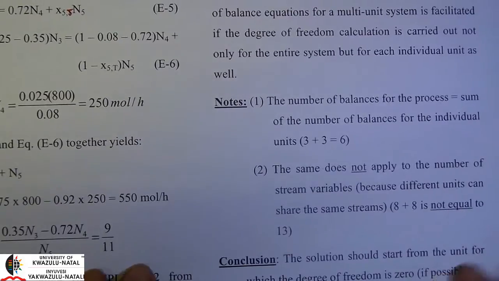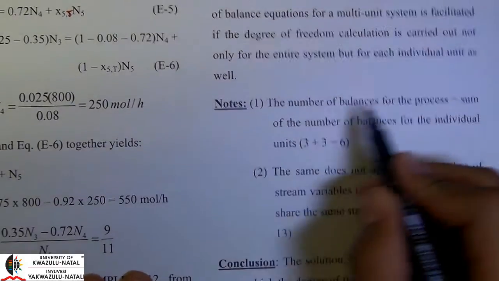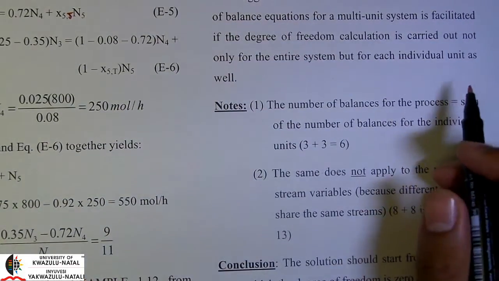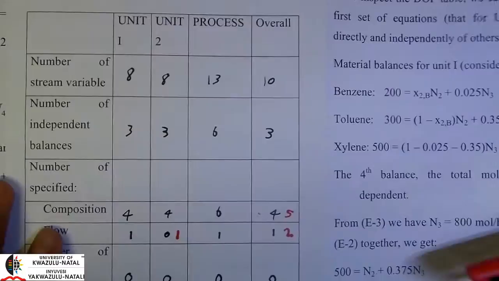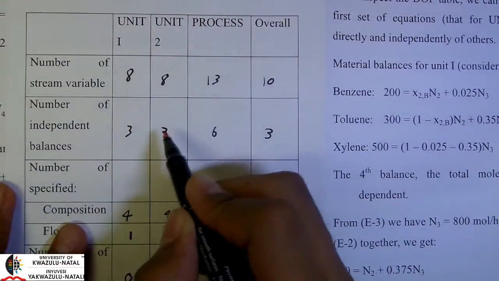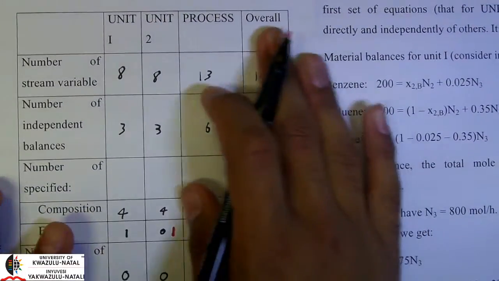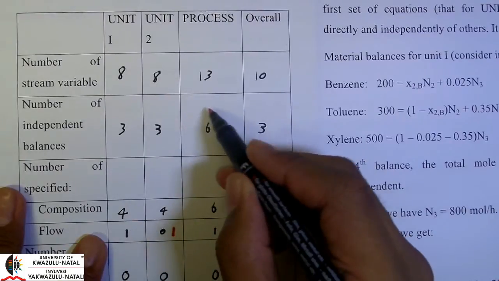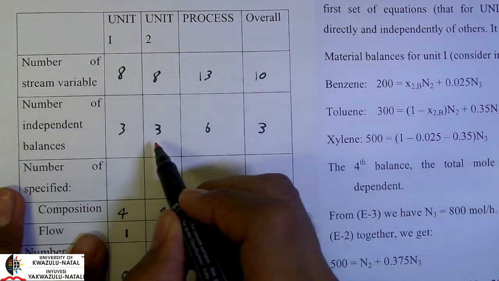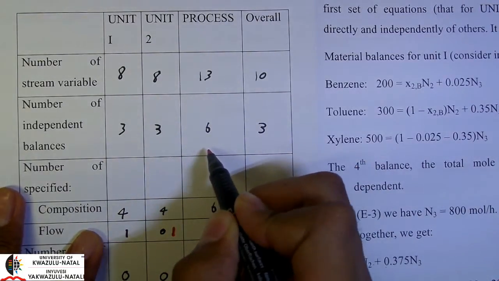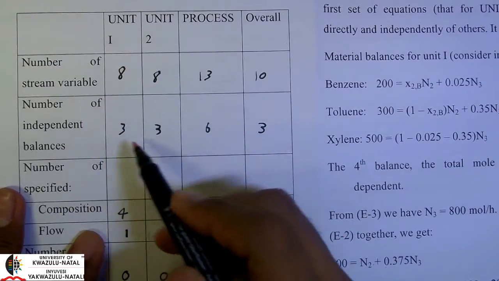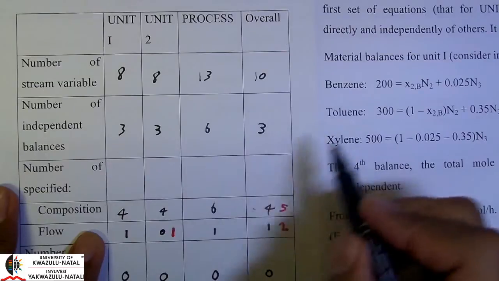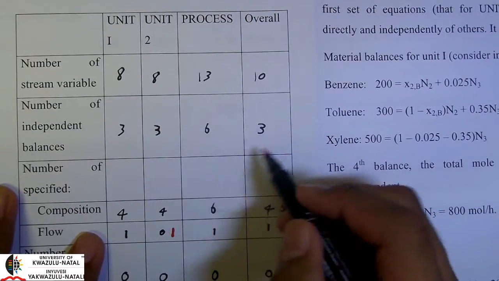Okay, another recap. The number of balances for the process is the sum of the balances for the individual units. Okay, remember that for the process, I simply said here 3 plus 3 is equal to 6. Okay, so that's simply adding the balances for each individual unit. You do not add the overall balance.